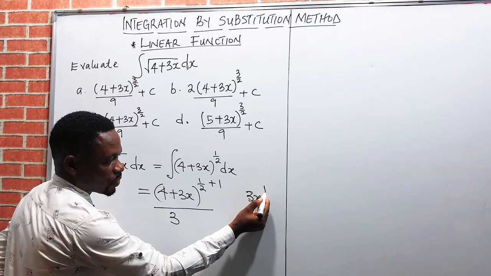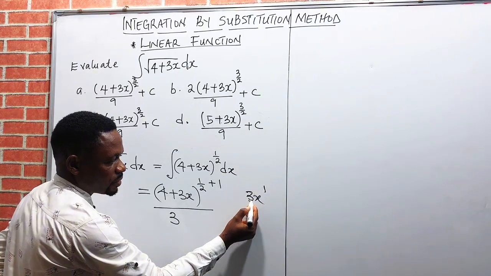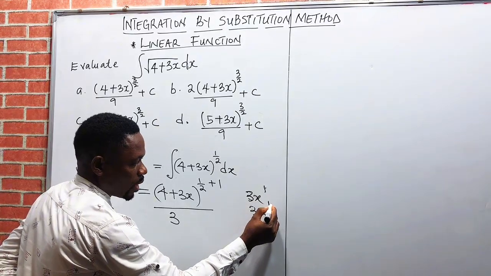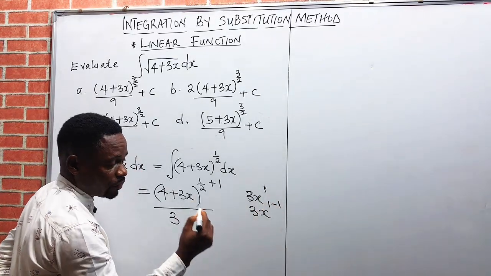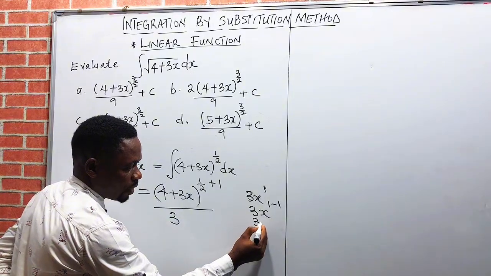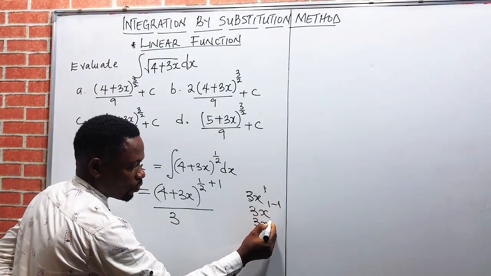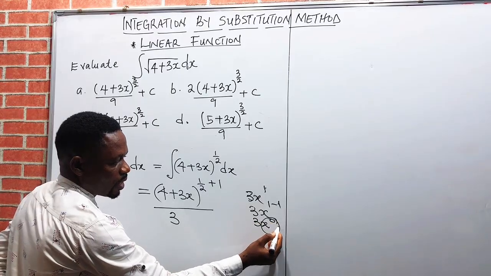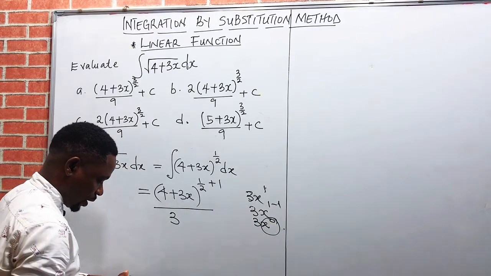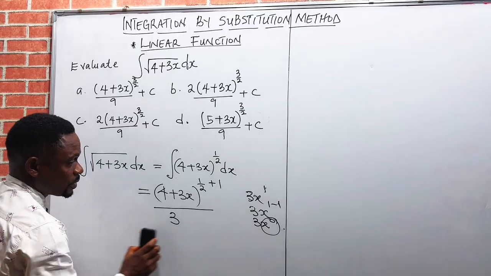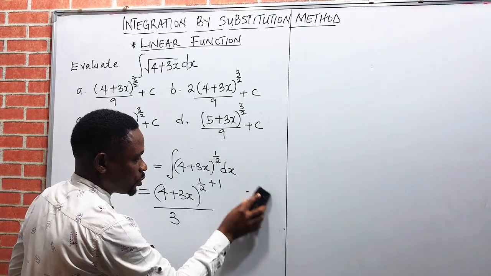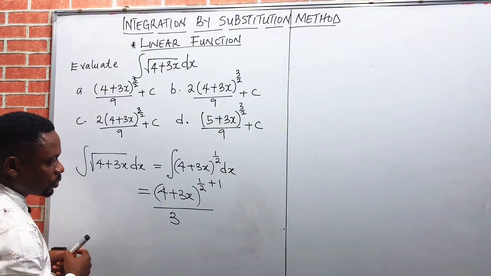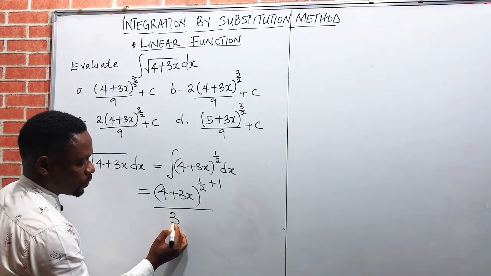By differentiation, 1 times 3 gives 3, then x raised to power 1 minus 1 is x to the power 0, which is 1, and 1 times 3 gives 3. That is why I said go and watch my previous video on differentiation. So if you differentiate this, you get 3.